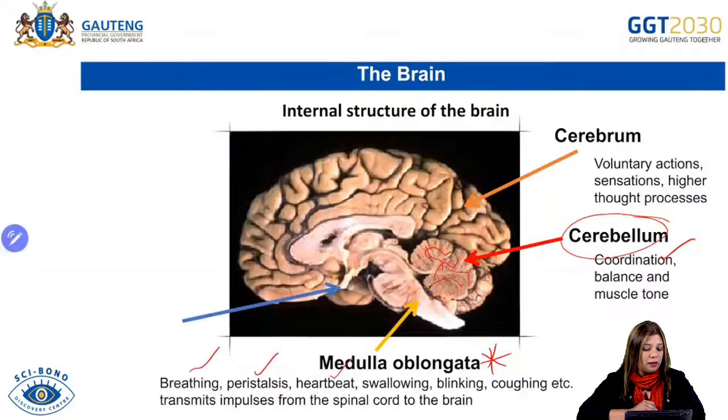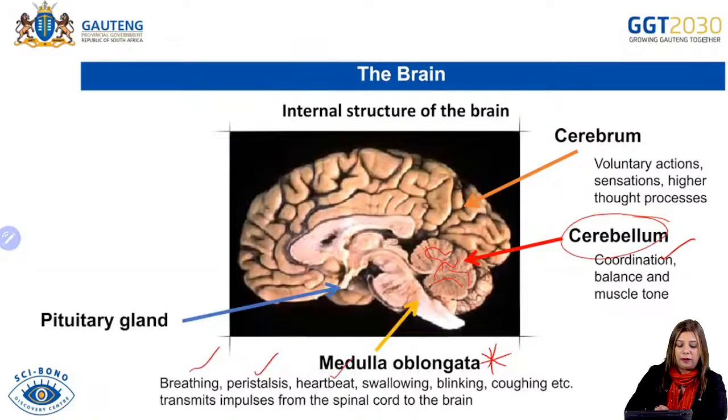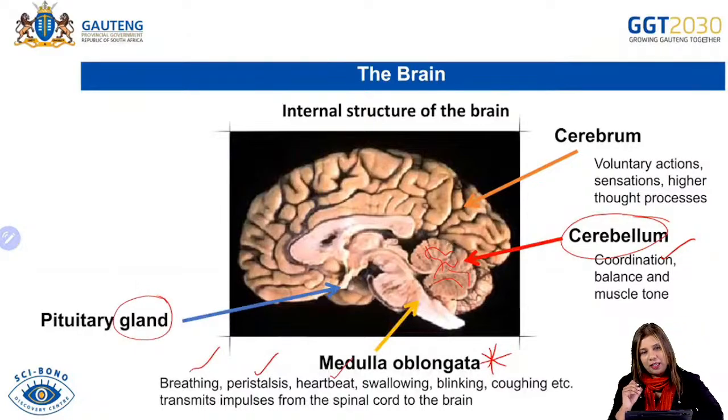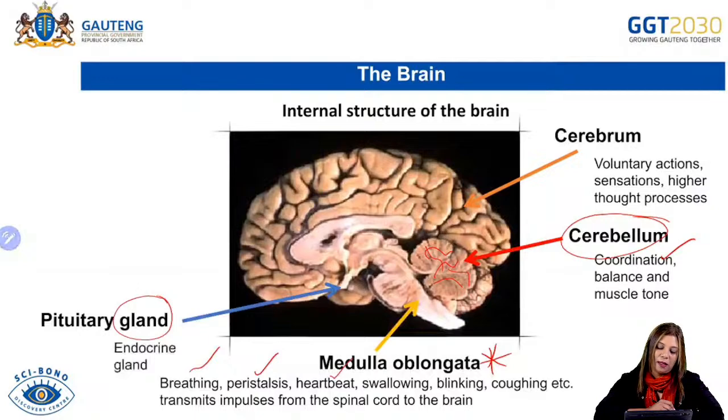So we're going to move on now to this little portion, and this is the pituitary gland. The minute we see a gland, we know it's secreting something. Yes or no? So in this pituitary gland, you would find the endocrine gland, and it secretes a substance, which we're not going to go into detail just yet.